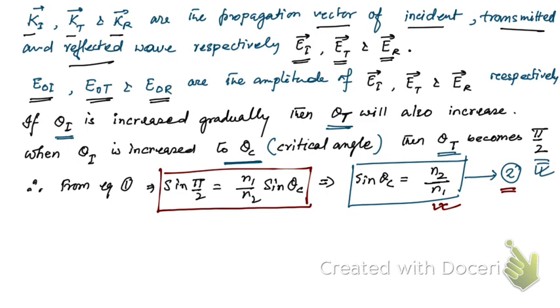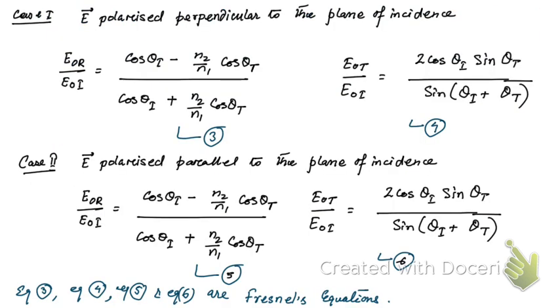Now you see, you have got these four equations, 3, 4, 5, 6. When E is polarized perpendicular to the plane of incidence, we have already discussed these two cases, case 1 and case 2, in previous lectures, when we studied electromagnetic waves in a dielectric medium. These relations 3, 4, 5, 6 are Fresnel's equations.